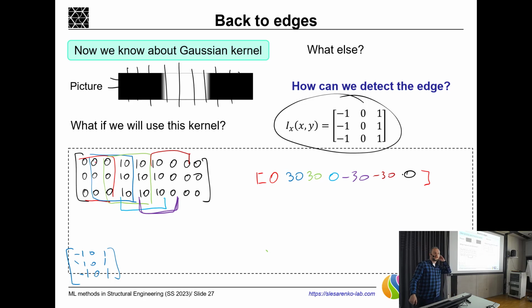Now, if we look at that, we can say that at the points where we have a value that is not 0, there is an edge. And exactly that happens in this picture. These 30s, these numbers that are not equal to 0, appear only at the edges.